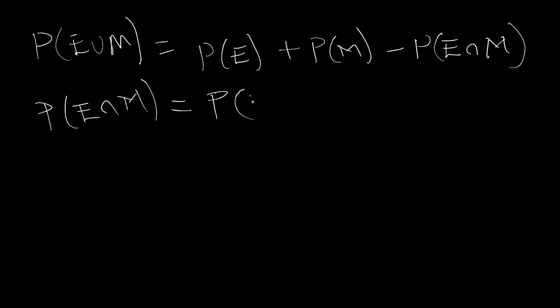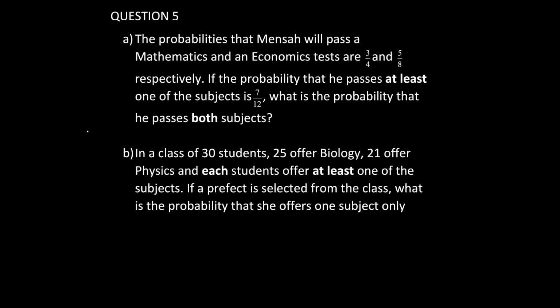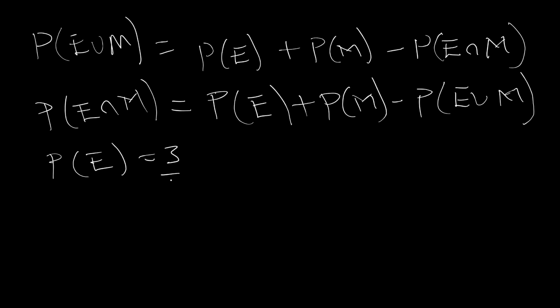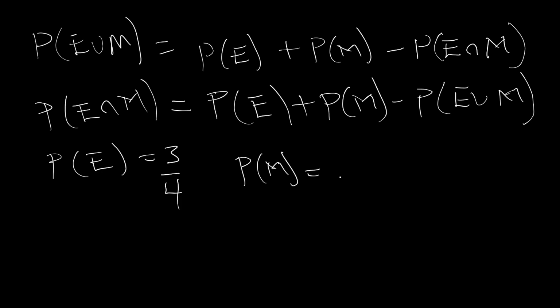P of E plus P of M minus P of E union M. And we know that P of E from the question is 3/4, and P of M is 5/8.